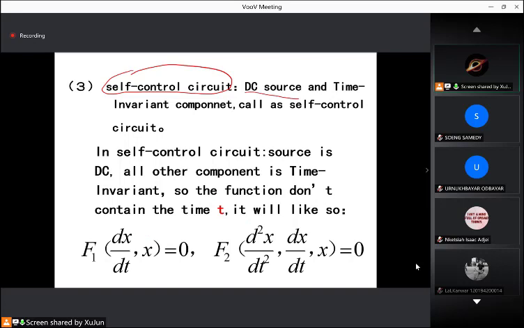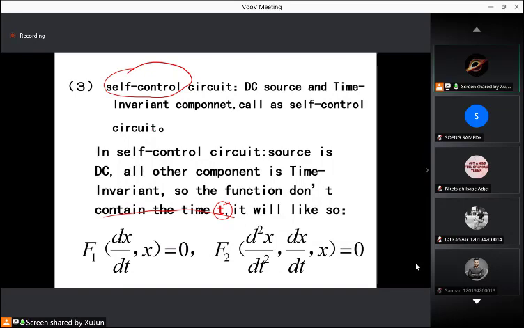For example, RC dUC/dt plus UC equal to 5 watts. In this function, only the differential contains time t. All other positions don't contain time t. So the first order and the second order will be like this, not containing time t. We call this a self-control circuit.